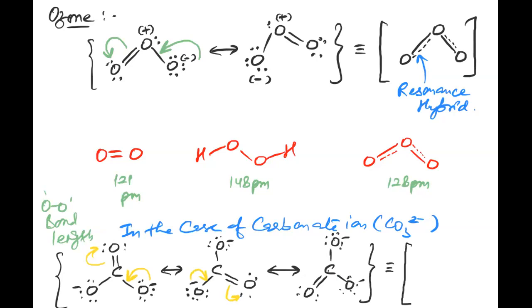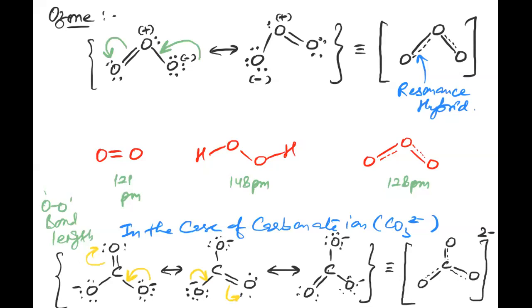Its hybrid structure has oxygen atoms all equivalent, with an overall charge of -2. In the carbonate ion, the CO bond length lies between a single bond and a double bond.